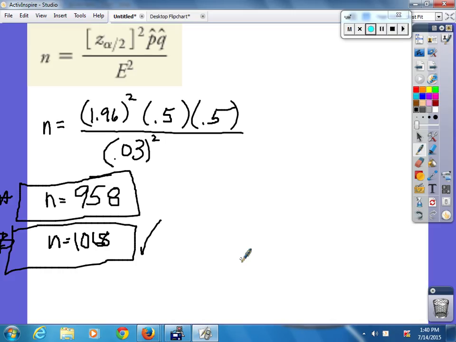If you're going to change it just a little bit and get 1068, which one do you think would be better for your report? 1068. Now, do you have to use 1068? No. To get the 95% confidence level, you have to use at least 958. But added insurance would be to use the 1068. That'd probably bump you up to maybe a 96% confidence level instead of a 95% confidence level.